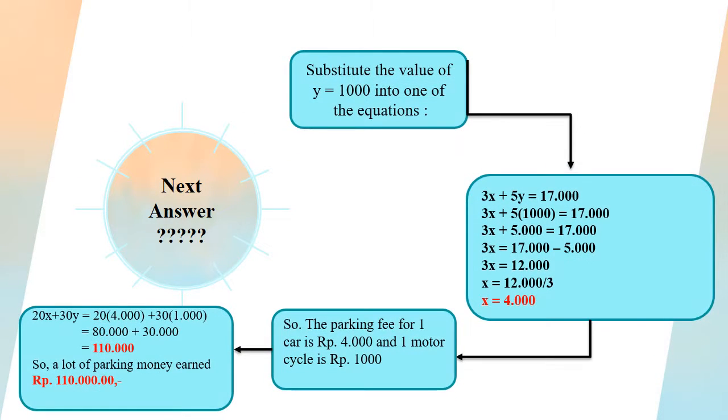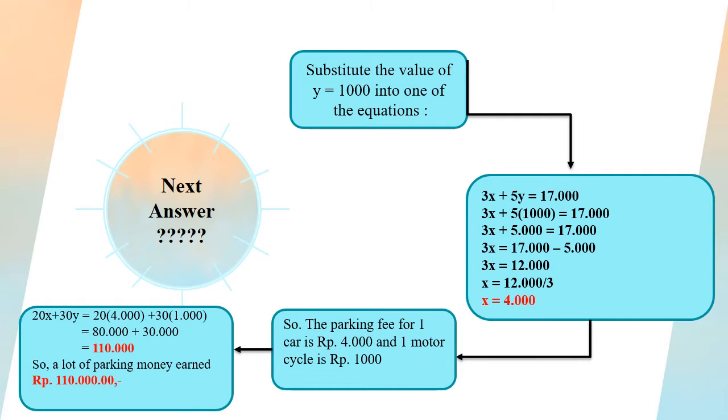After that, substitute the value y equals 1,000 into one of the equations. We take equation 1, which is 3x plus 5y equals 17,000.